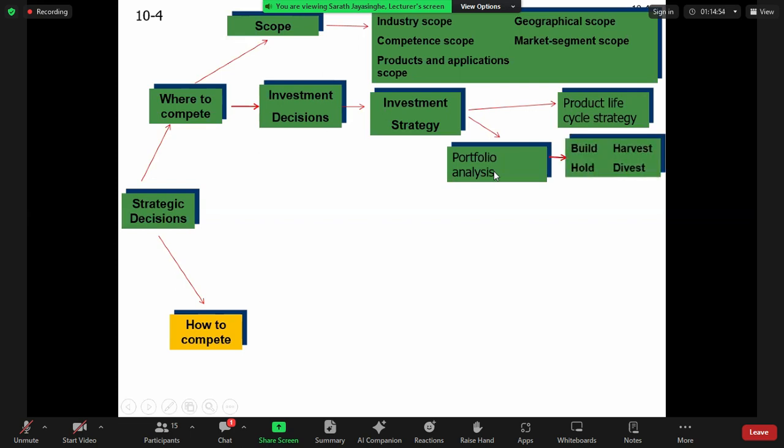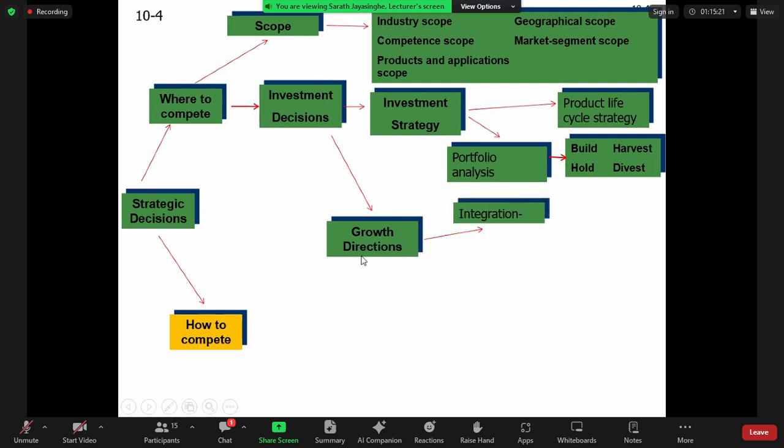So far we have learned this. Then build, harvest, hold, divest. Portfolio analysis, we can apply these strategies. Product life cycle strategies and the portfolio analysis, under that, these are the investment strategies.